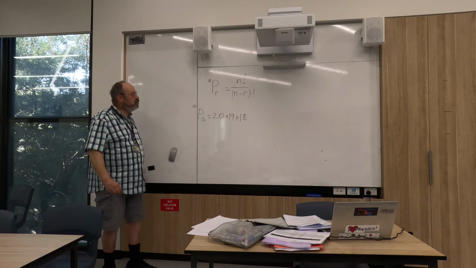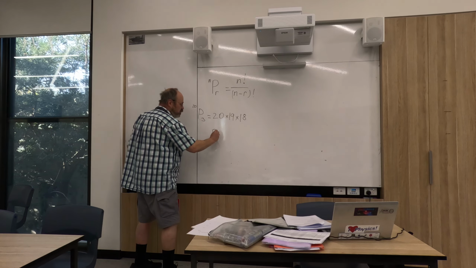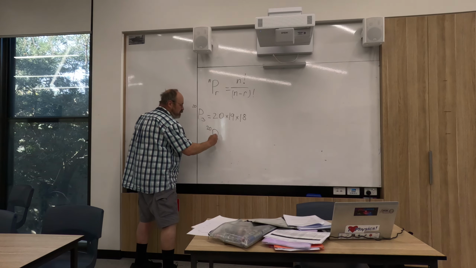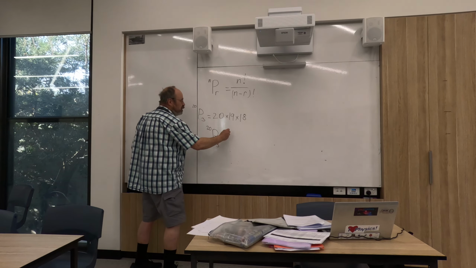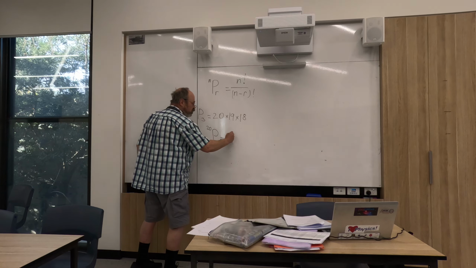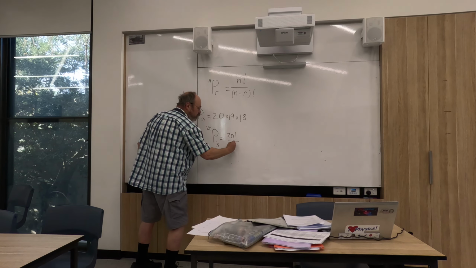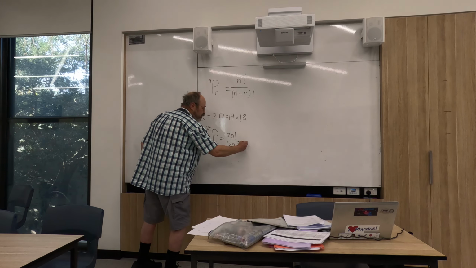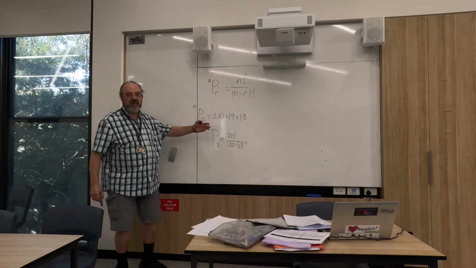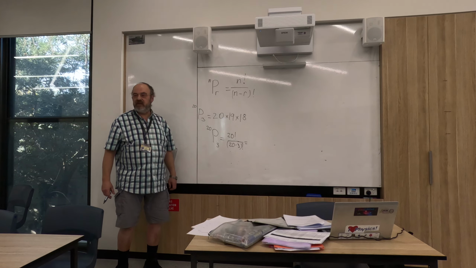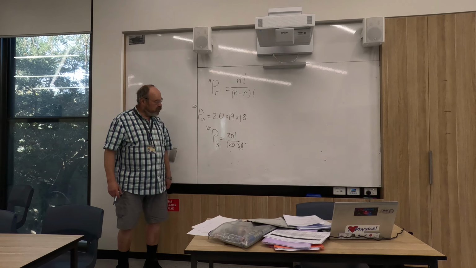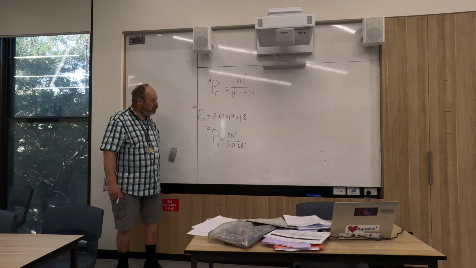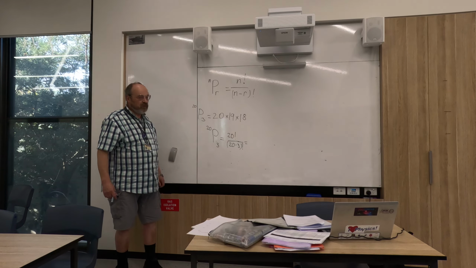Applying to here, the permutation of 3 out of 20 is 20 factorial divided by 20 minus 3 factorial, which is 17 factorial. Everything from 17 and below cancels out, and we get what we got before.